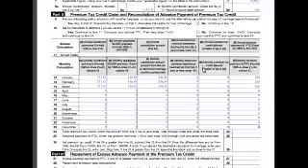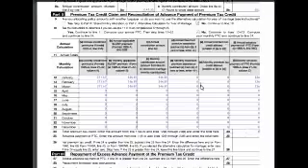Okay, guys, now we're on line 24. What you're gonna do in line 24, you're gonna take column E. In column E, you either add 11E or 12E to 23E.